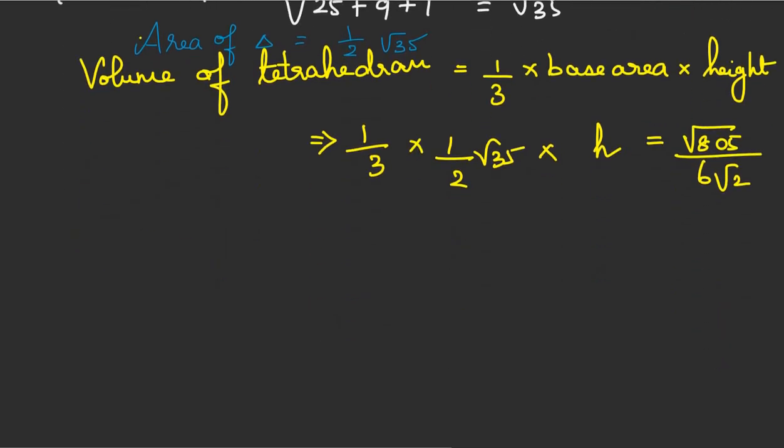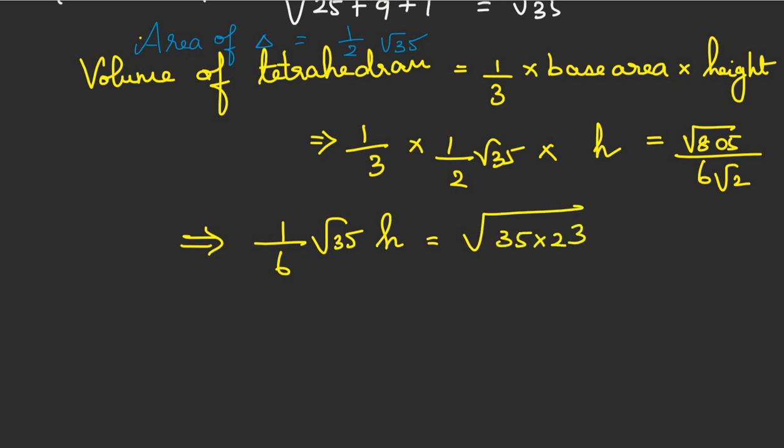Simplifying, 1 by 6 times root of 35 into h is equal to root of 35 into 23 divided by 6 into root 2, since root of 805 can be written as root of 35 into 23. So root of 35 on both sides, 6 goes off, which gives us the height is equal to root of 23 divided by 2.